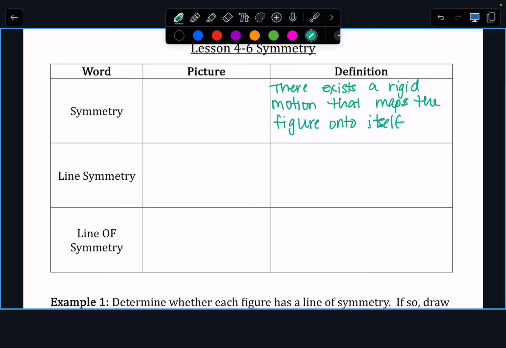So line symmetry, we can reflect the figure onto itself. So like this half matches this half. Okay? So I'm going to draw a really cool picture.